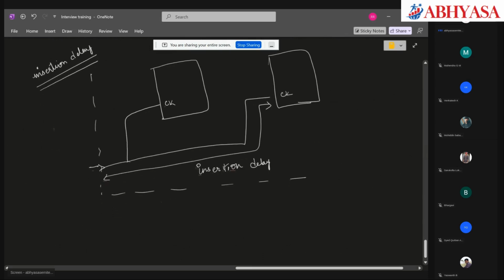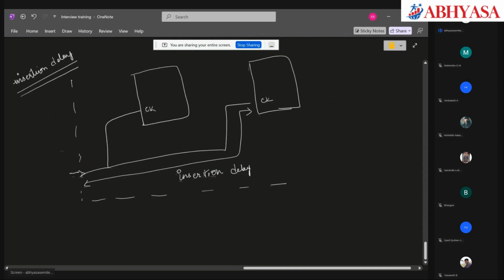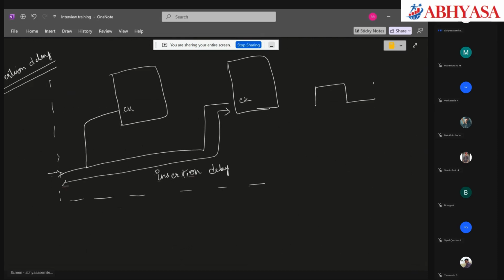Now, we all know that the difference in insertion delay is the skew.